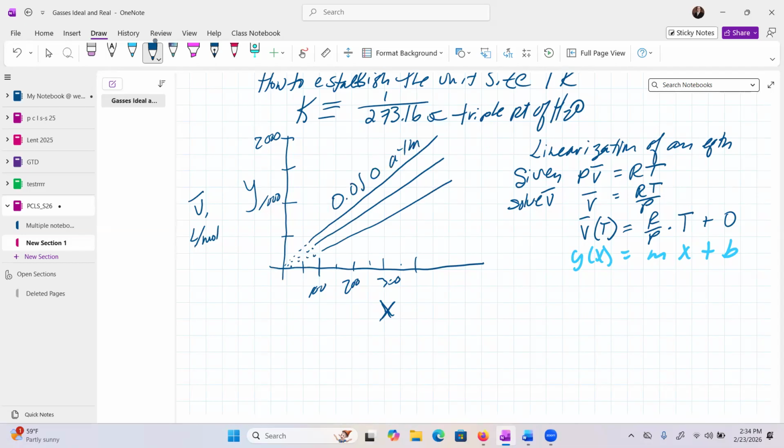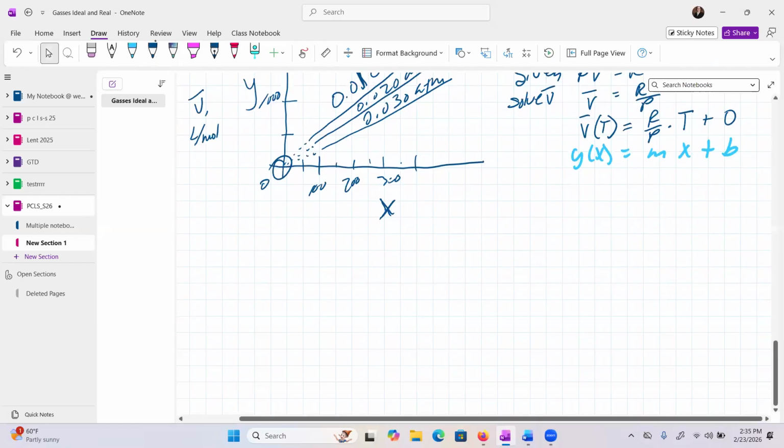This is 0.010 ATM, 0.020 ATM, 0.030 ATM. But you see, the interesting thing is they're extrapolating to the point, that's the 0. So we can interpret the graph and make some observations.